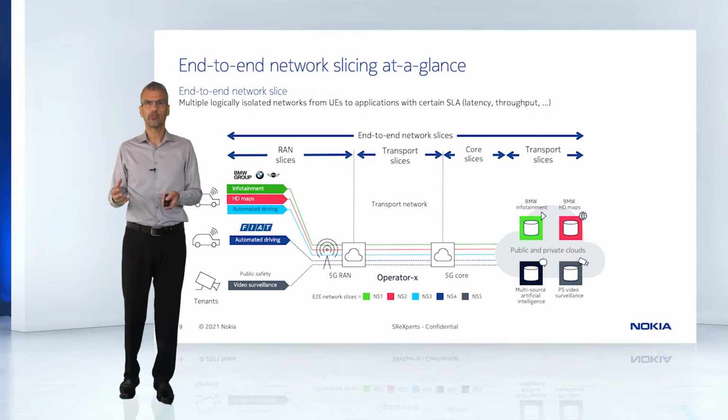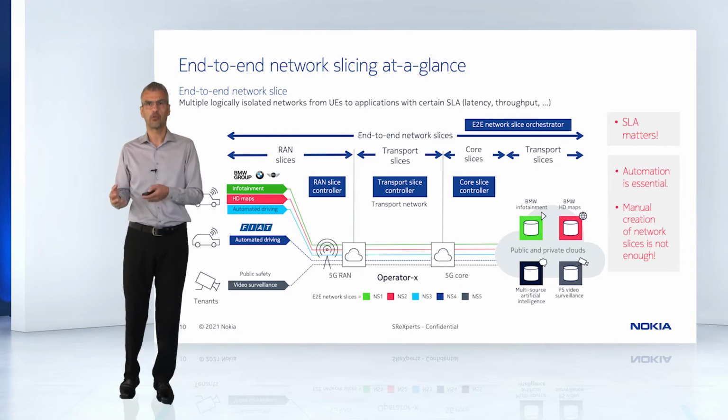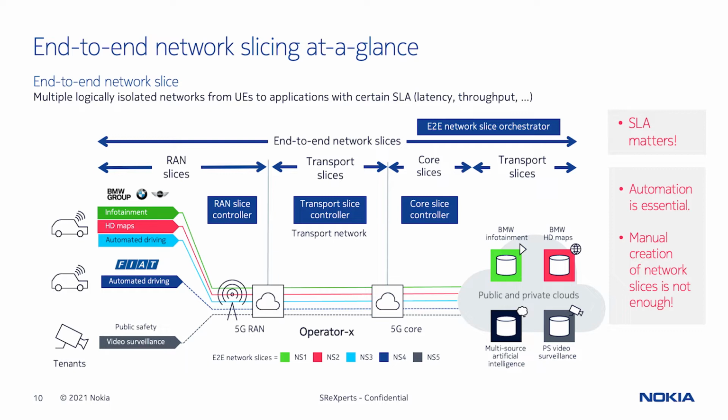To create those, again from the operator perspective, they need to have various controllers for RAN, transport, and core slices, as you've seen here. And last but not least, they have to have an orchestrator, which looks at the end-to-end context. There are 2 characteristics here. One is that SLA matters. Each of these end-to-end network slices that we create is specific to one SLA. And the manual operation really doesn't work.